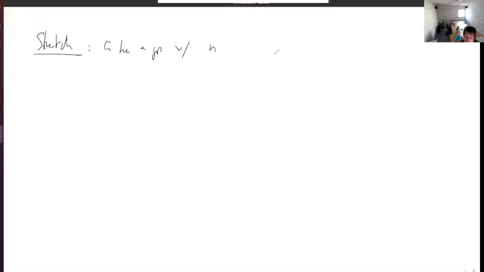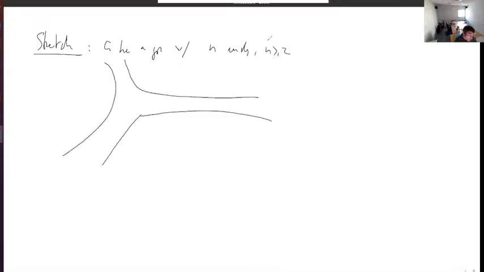Since G has finitely many ends, I can find a compact set that is big enough so that there are exactly n connected components that are unbounded. I will call them B1, B2, W1, W2, and here Wn. And what I want to prove is that actually n is equal to 2.